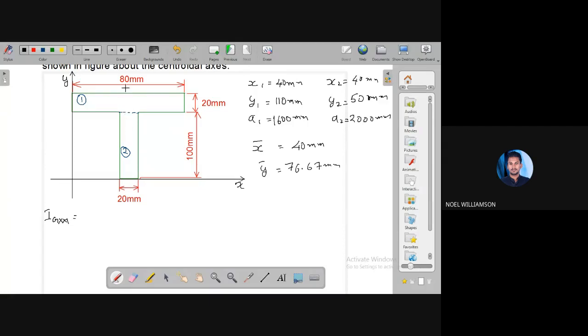So the moment of inertia of section 1 about the centroidal x direction, that is IGXX1, will be equal to what? For a rectangle, it is generally bd cubed by 12.